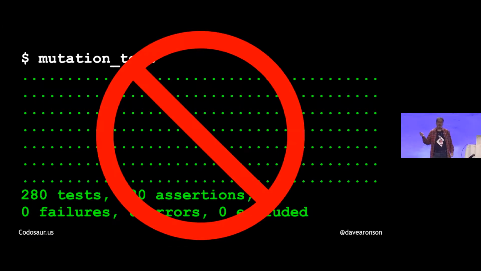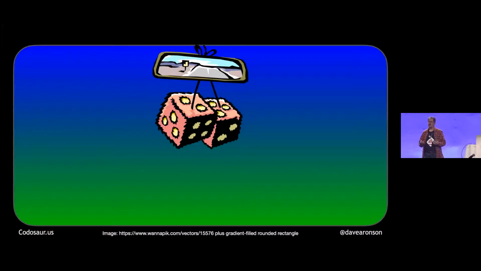Mutation testing has also been compared to fuzzing, a security penetration technique involving throwing a lot of random data at an application. You might also be familiar with property testing, a very similar thing which has been discussed at this conference already. Mutation testing is somewhat like fuzzing our code rather than fuzzing our data. And it's also not random.